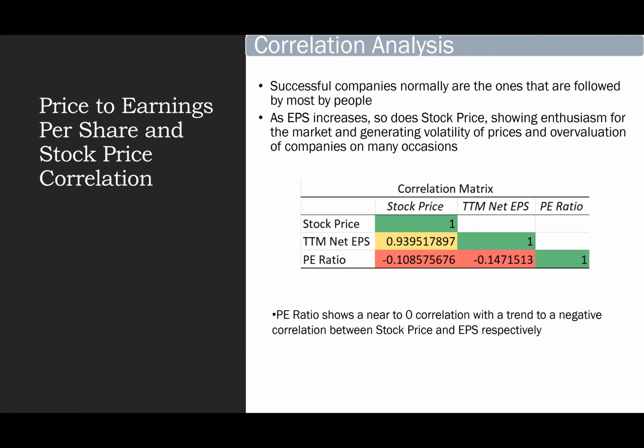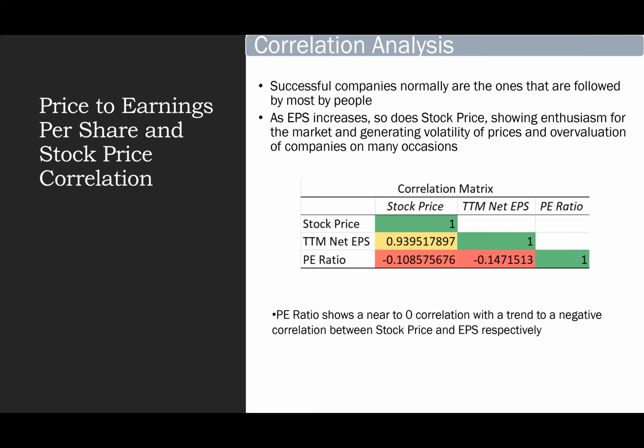So another correlation analysis was performed to see how earnings per share and stock price correlate, with a 0.93 correlation coefficient. This means that they move in a similar direction, but that does not necessarily mean that this is the cause. Correlation is not causation. We must always remember this, also because companies that are successful are the ones that are followed by most people.